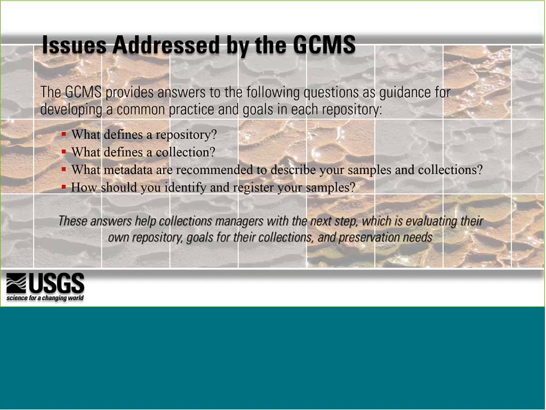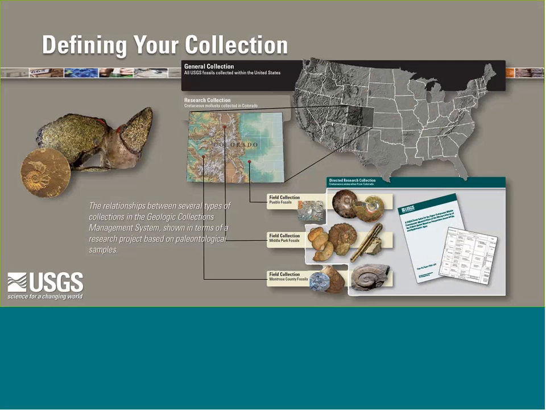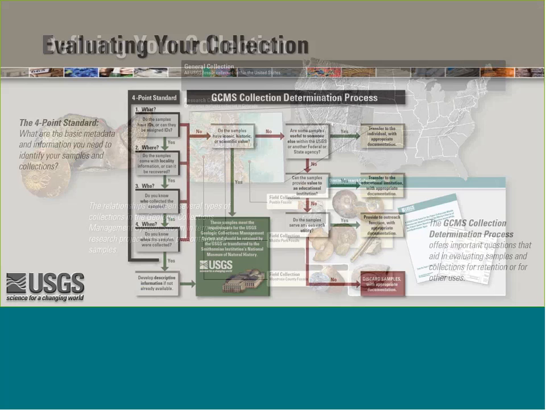A repository can be a local facility, and what is the responsibility of a repository, and how can that fit what the GCMS is suggesting. How to define your collection, and questions on how to take a look at your materials and figure out how they relate to each other, how they fit into research goals.